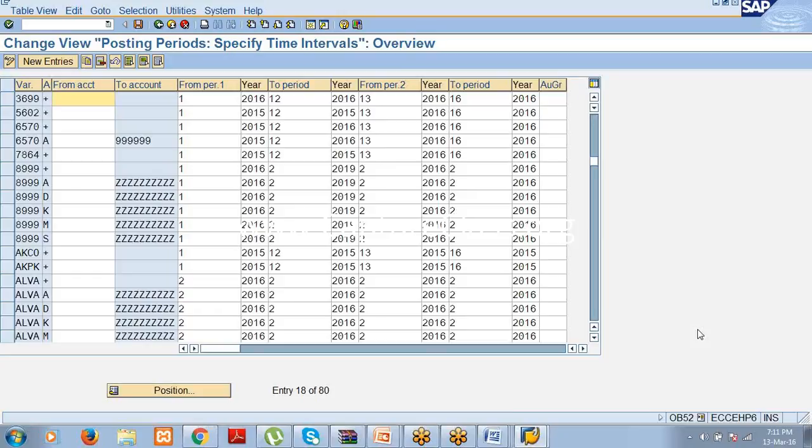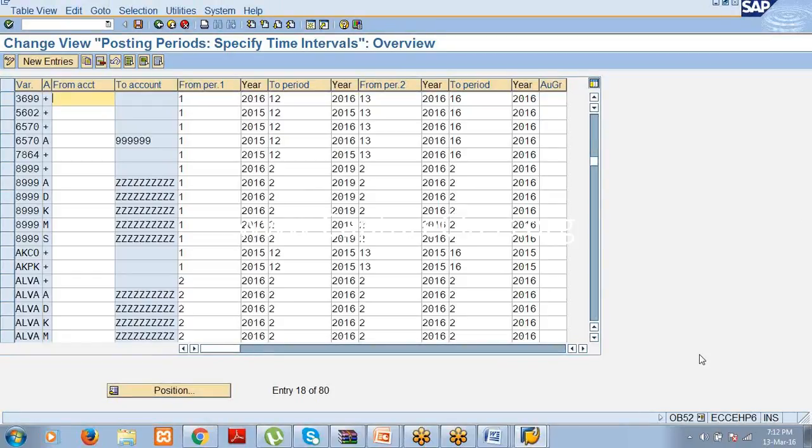Once the implementation is over and the project is on go-live status, from then onwards users themselves have to open the periods. That's why the path is also given from SAP Easy Access. Okay, so only after development will they have this access. Exactly, the users. Thank you, sir.